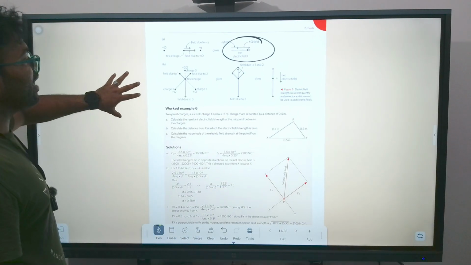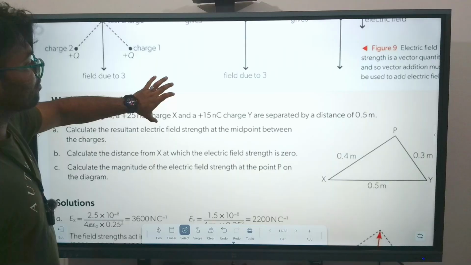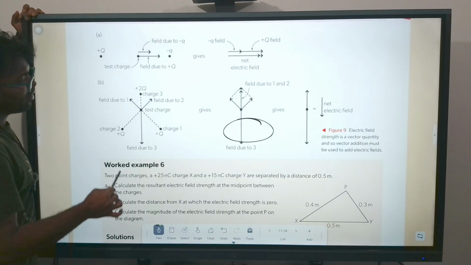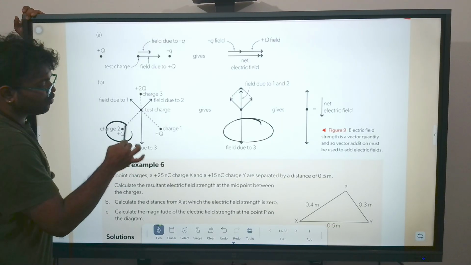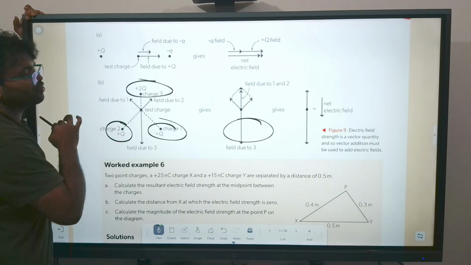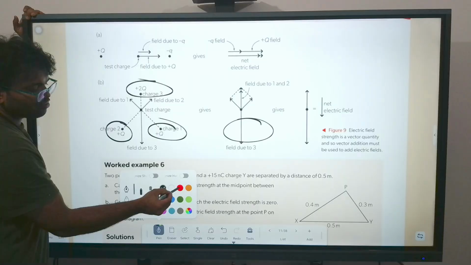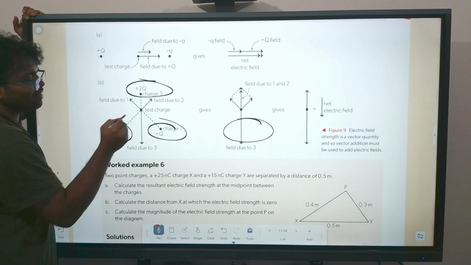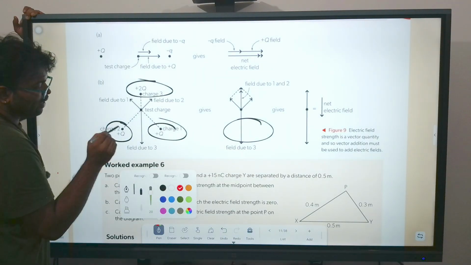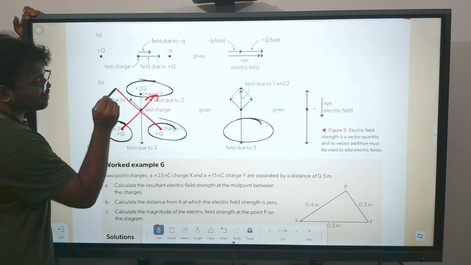Now let us look at this. What is happening here in the second case? See, there are two charges here. There is a charge plus q, and there is another charge plus 2q. So this is the test charge. Now, the plus q charge is having an effect. This test charge is feeling a force in this direction, in this direction, and also in this direction.